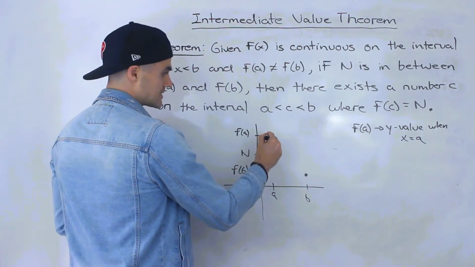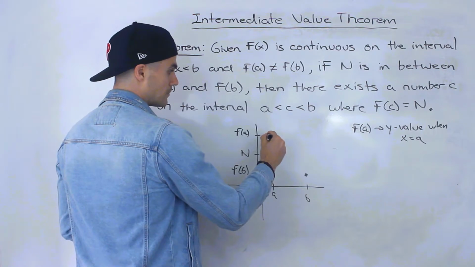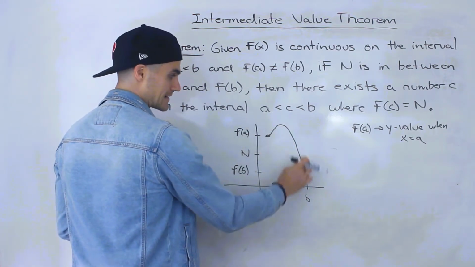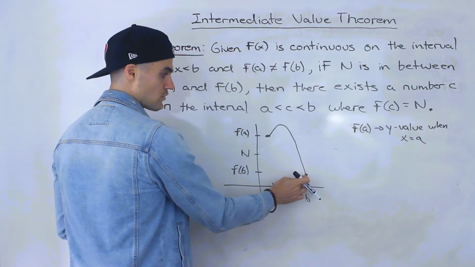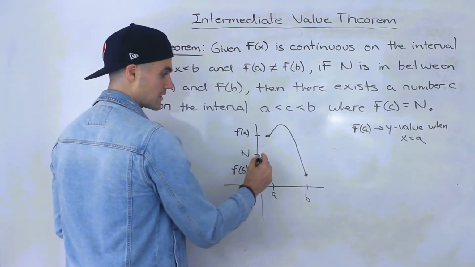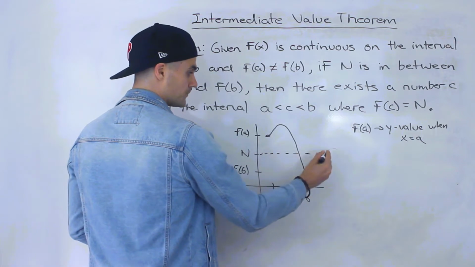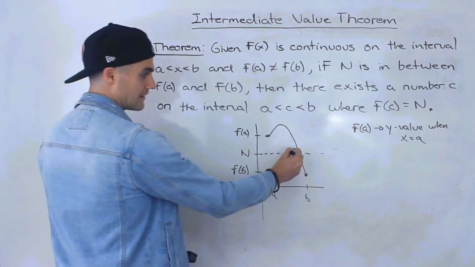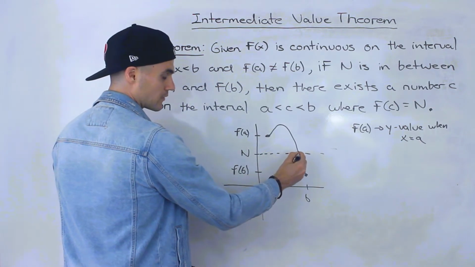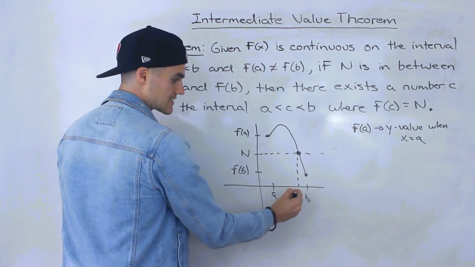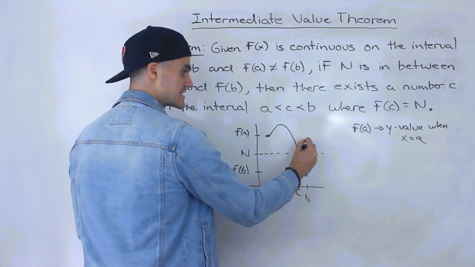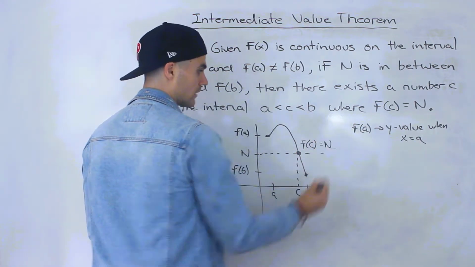And if this function is continuous, right, it could even maybe rise up, but if it's continuous, it has to come back down to this coordinate, b and f of b. And so it has to cross this horizontal line, this y value of n. And what they're saying is that there's going to exist some kind of number c in between a and b, where f of c is going to equal n.